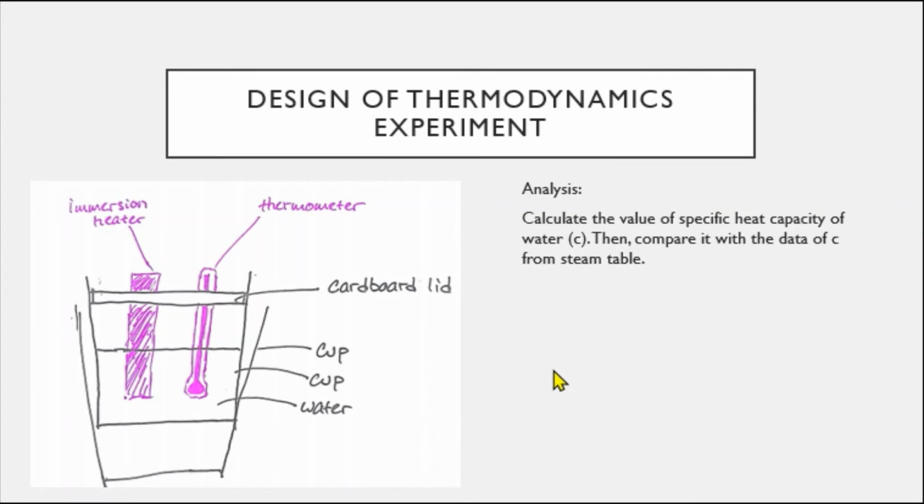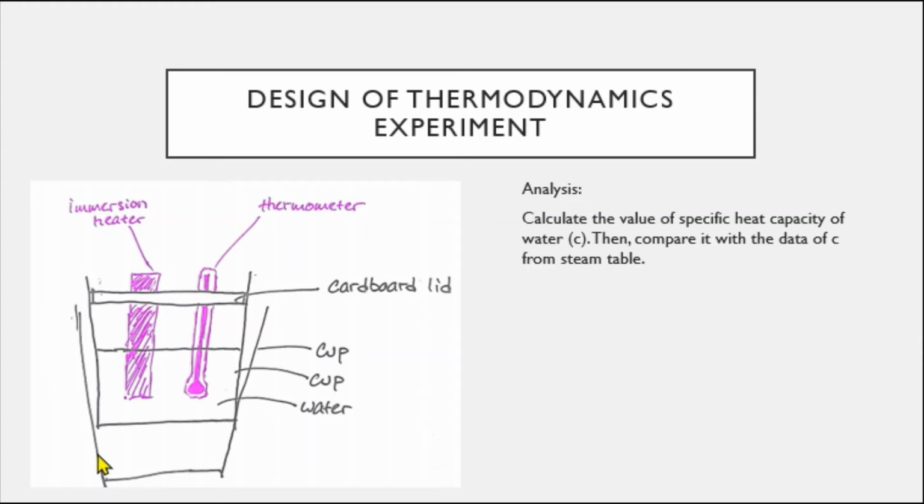Next is the experiment for the thermodynamics. This is the design of the thermodynamics experiment. There is a small styrofoam box that is inserted into a big styrofoam box. There will be water poured into the small styrofoam box. An immersion heater and thermometer will be placed in the small styrofoam box by making holes in the cap of the small box.